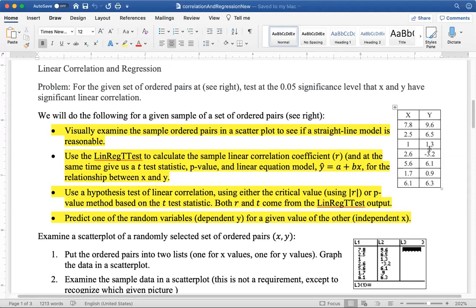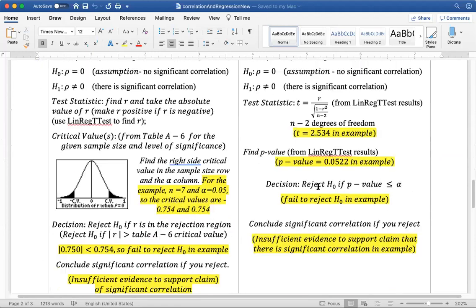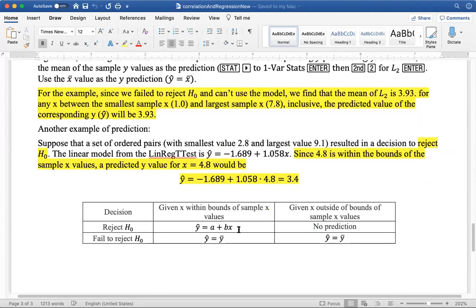What's the largest sample X? 7.8. If X is between those, inclusive, we can use the model, and we put it in here. So in order to use the model, we have to have rejected H0, and we have to have a given X that is within the bounds of the sample X's.